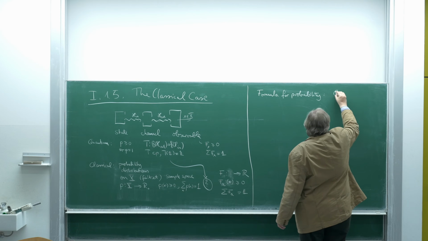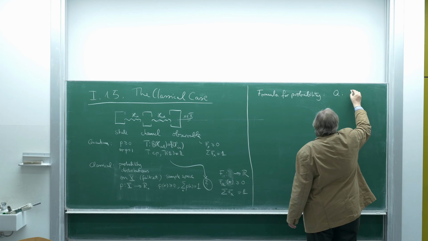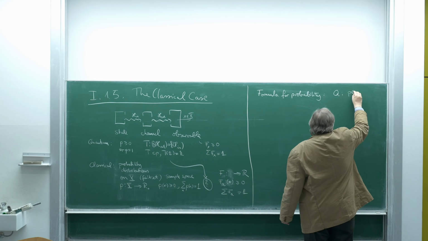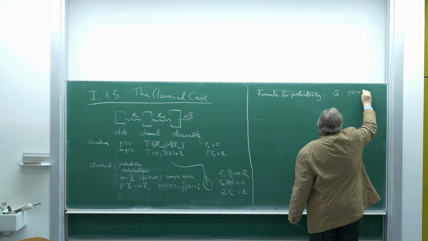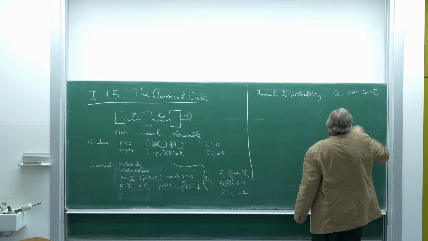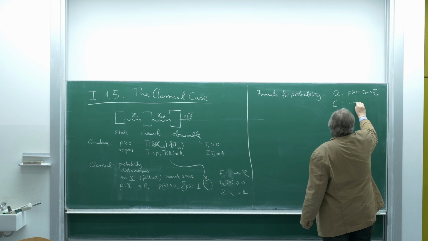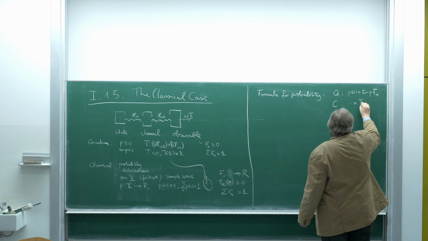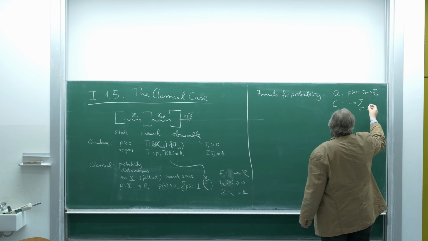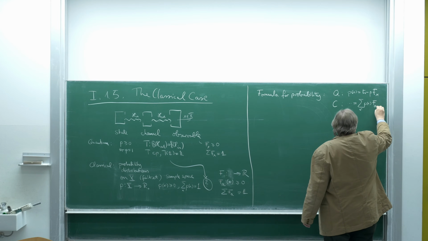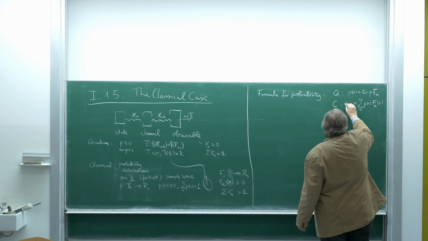So quantum, the probability to get the result x is the trace of rho with this operator. And the classical formula is that you just get the sum, so rho of x, that's the probability of a now.